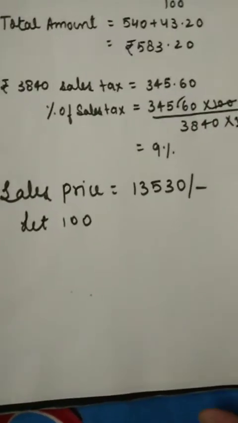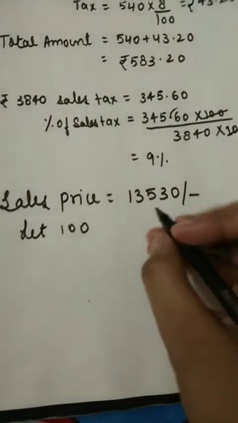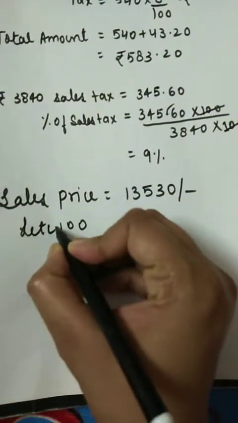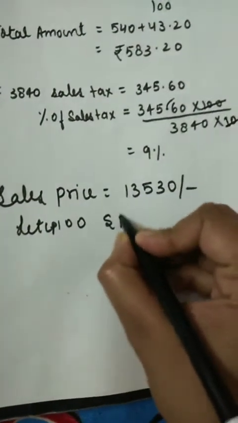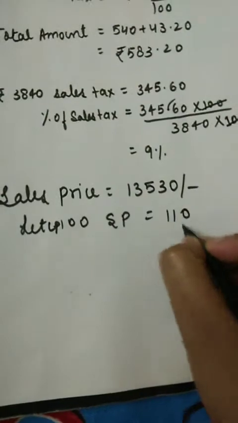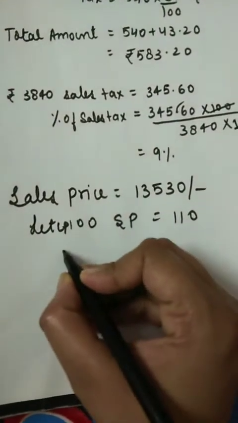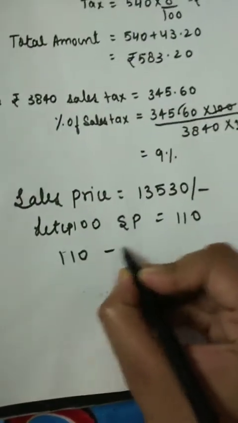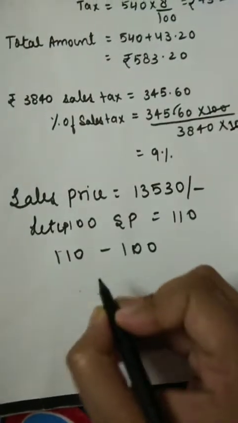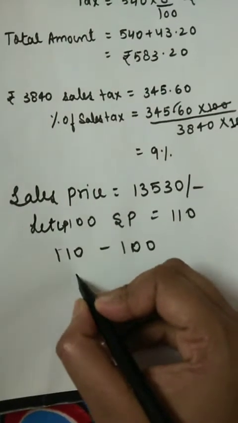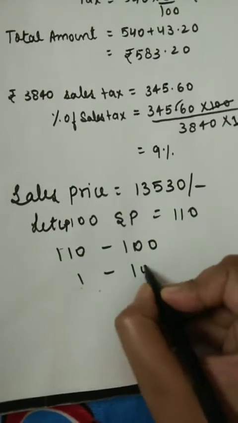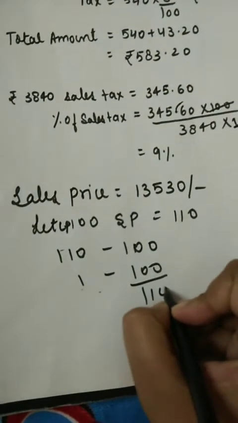And tax, which is profit in other terms, so you will let CP as 100 and the selling price will then be 110. If selling price is 110, cost price was 100. If selling price is 1, cost price is 100 upon 110.